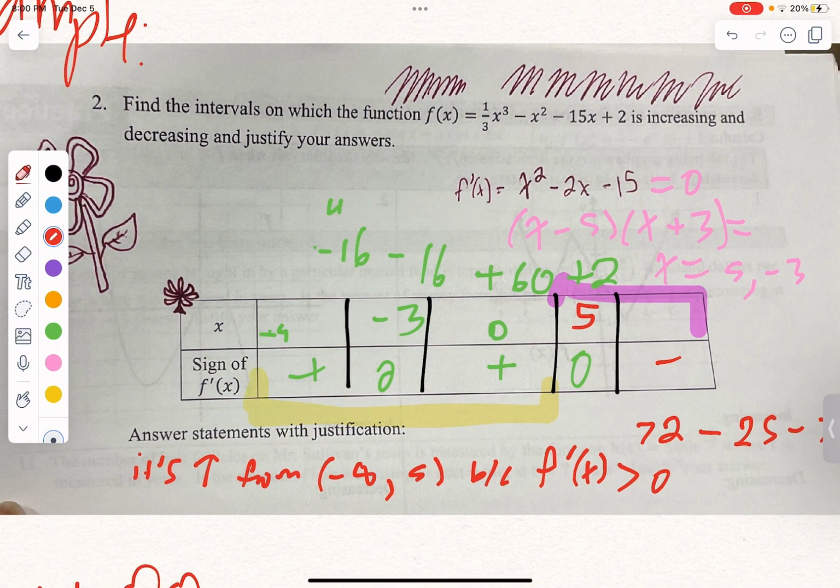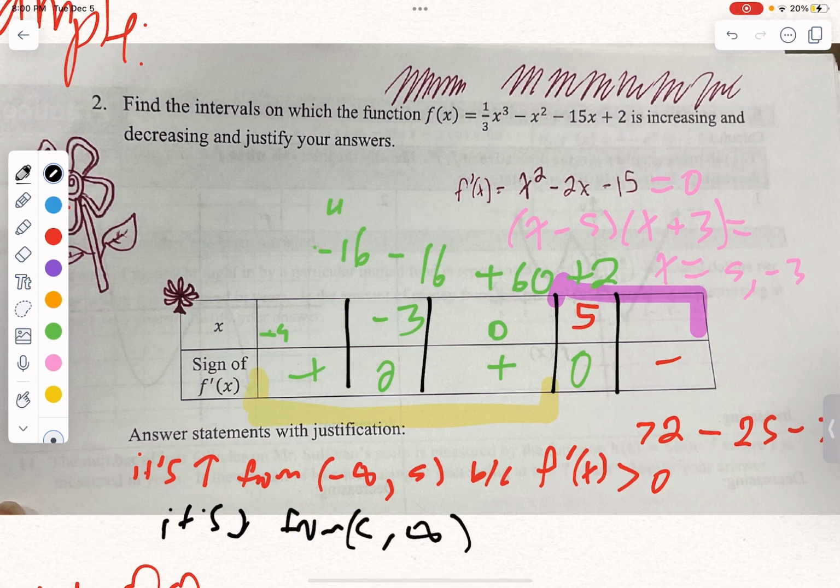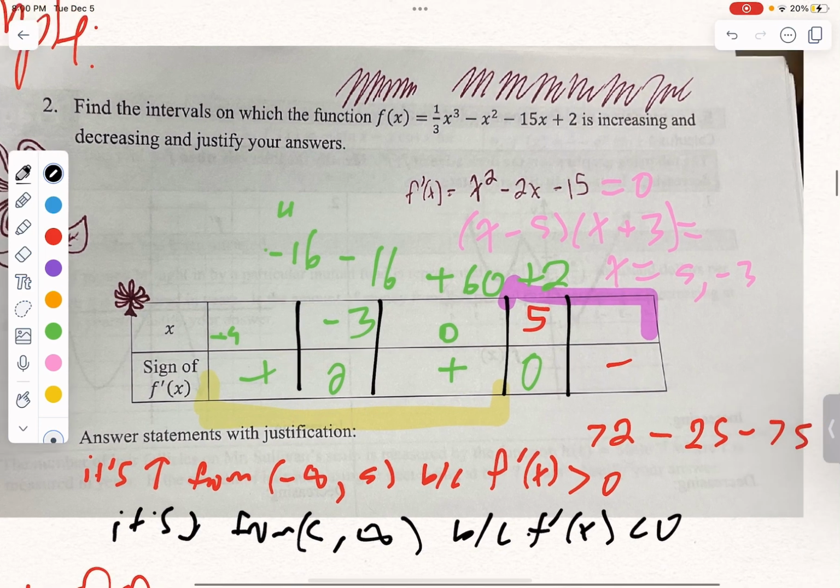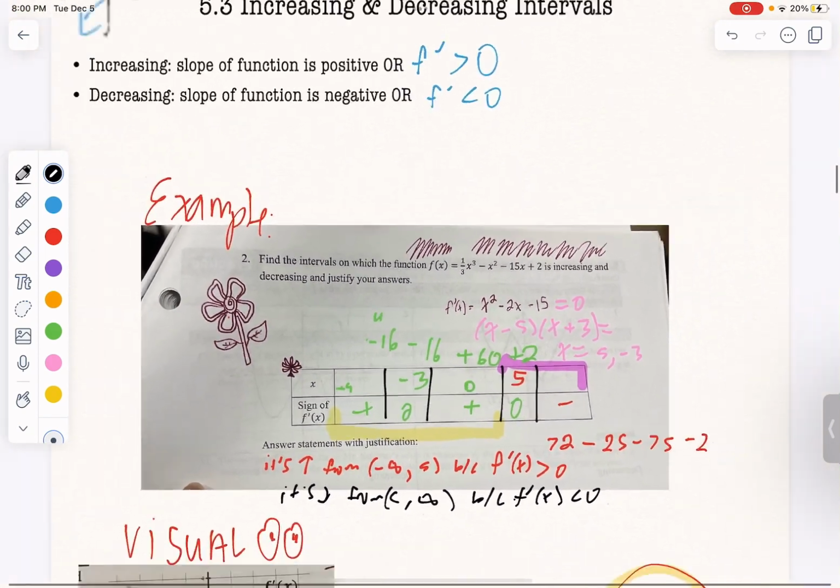Then you do the same thing for decreasing. It's decreasing from 5 to positive infinity because f prime of x is less than 0. And that's kind of that there.